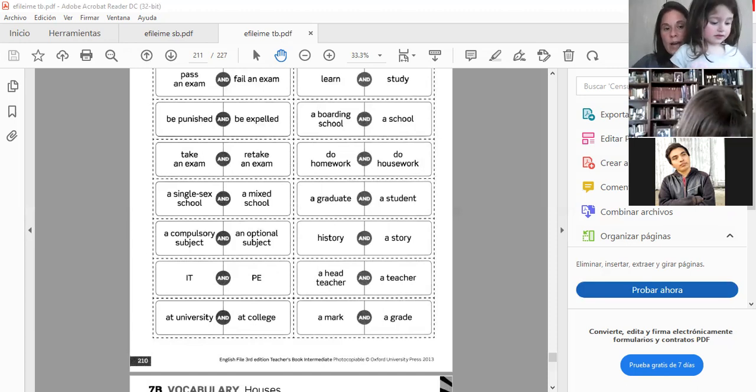At university or at college? What's the difference when you are at university and at college? What do you think? Have you heard or seen the difference between the two of them? I thought that university and college were the same.